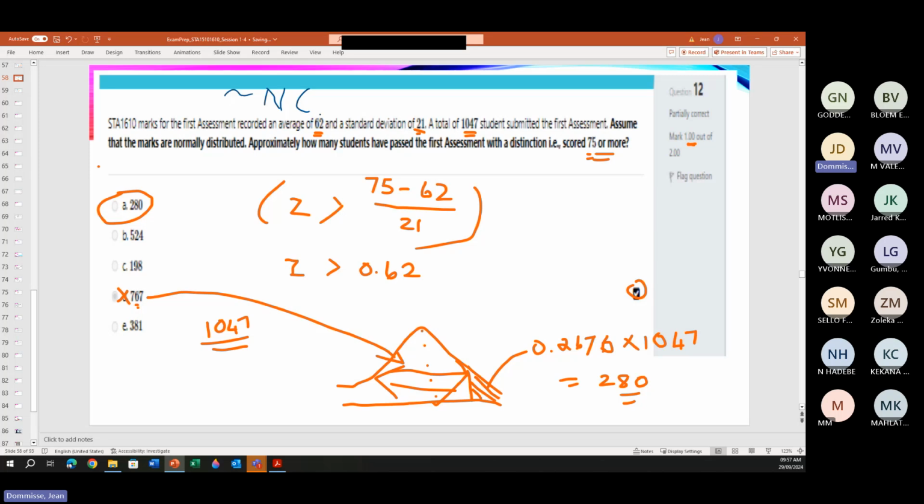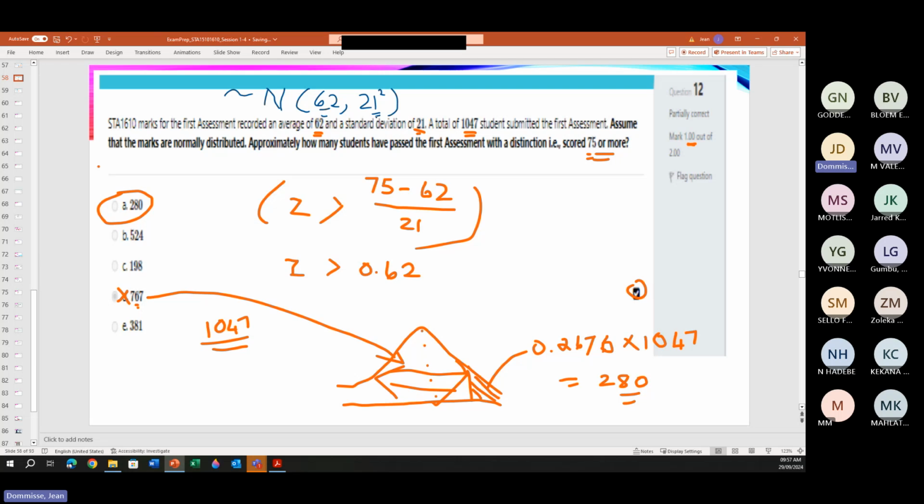So normally distributed with a mean of 62, and then that would have been whatever that is. Okay, so they could have done it that way, that you know that, okay, this is the mean and that is the standard deviation slash variance that we're working with.